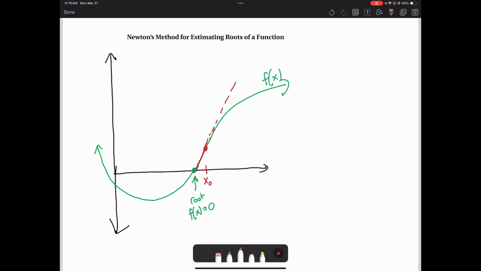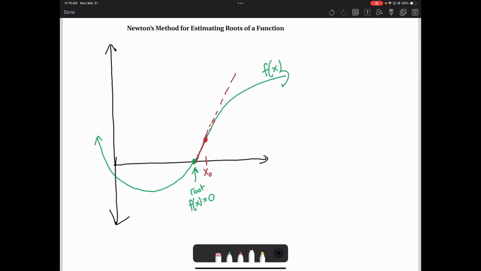So okay, wait. You're onto it here. If I pick some x sub 0, I can create a linear approximation centered at that x sub 0.